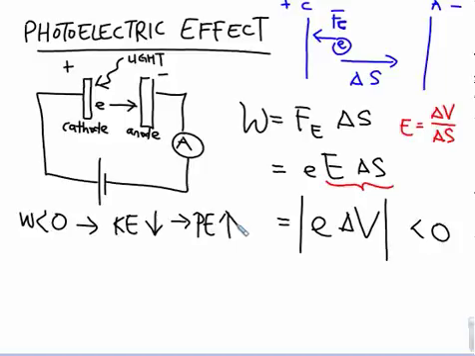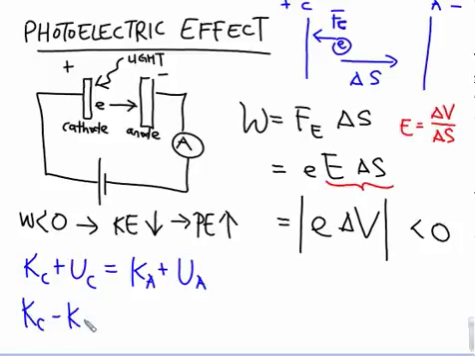Right? So if we were to write down an equation using conservation of energy, we have that the total energy at the cathode, let's call it KC, plus potential energy at cathode, UC, must be equal to KE at anode, plus potential energy at anode. Okay. So we can rearrange this expression, right, so that we bring all the kinetic energies to one side, and all the potential energies on the other side.